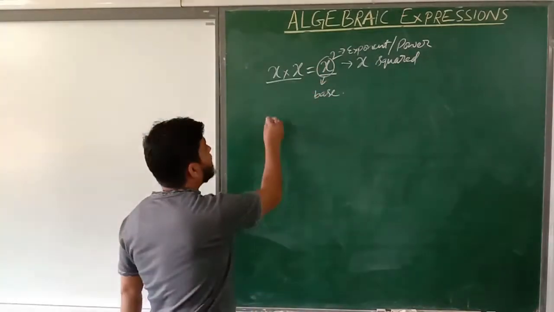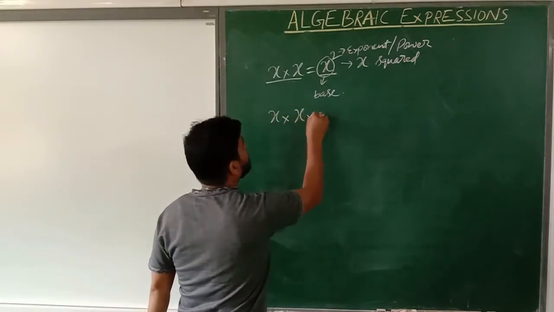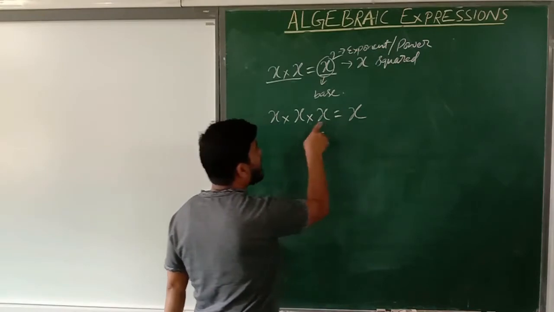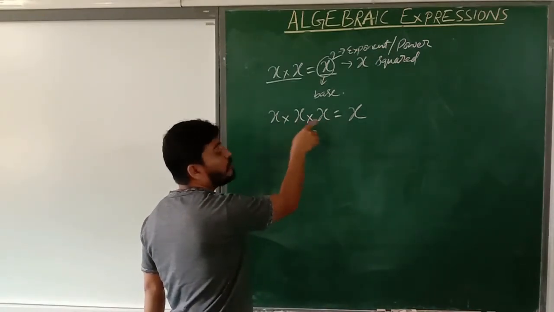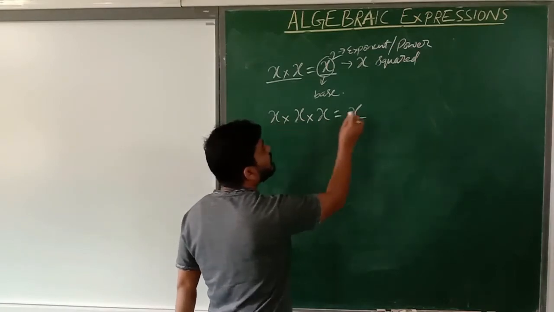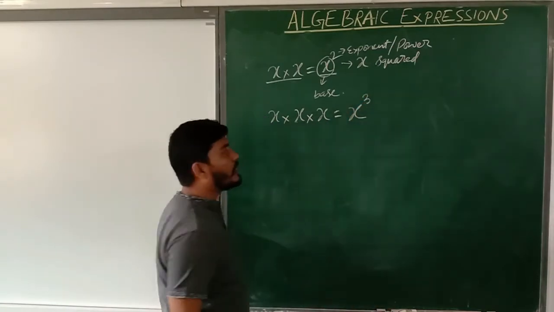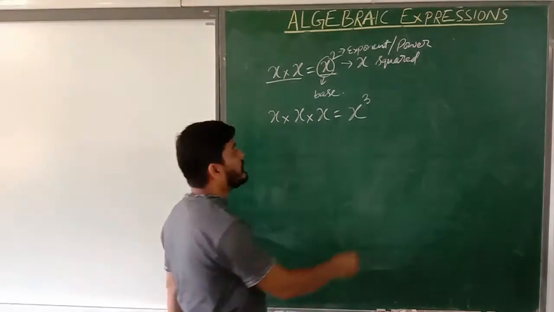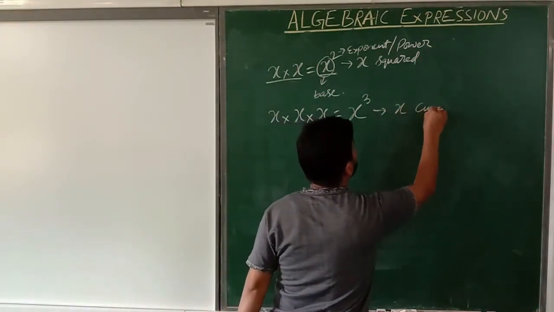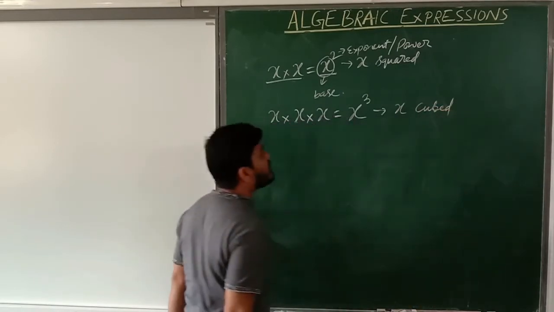In the same way, if it multiplies 3 times, base will be x because the literal x is multiplied 3 times, and its exponent or power will be 3, and it will be read as x cubed.